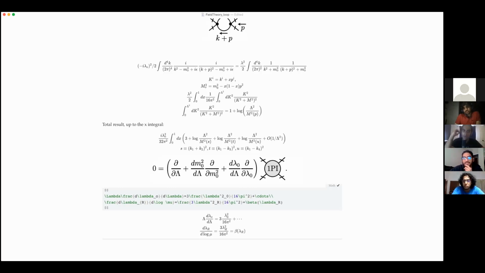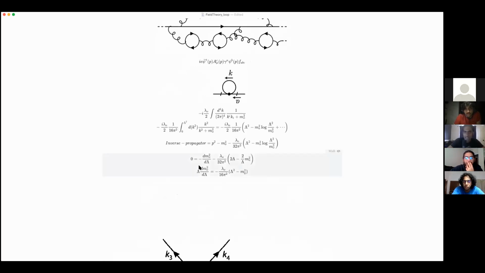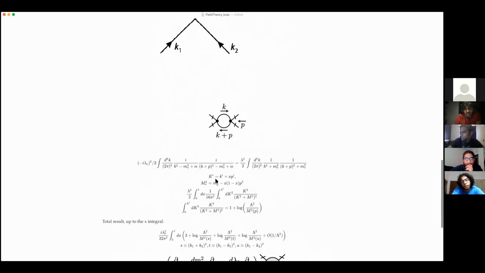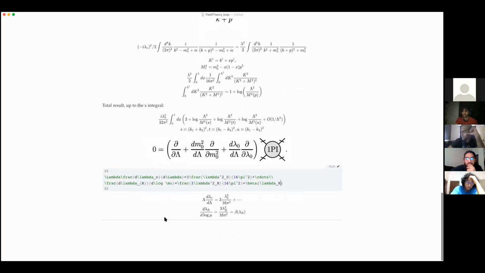No, but you know independently what dm naught squared over d lambda is, remember? That's the one we did last time. Yeah, it's this. So you plug that in. You plug this relation in this middle line, so that'll eliminate this part, and then you're just evaluating a derivative of a known function of m naught squared. Cool. Thanks for the question.